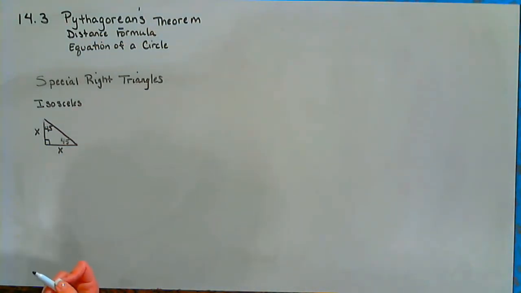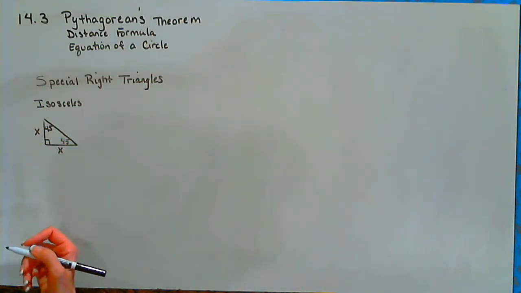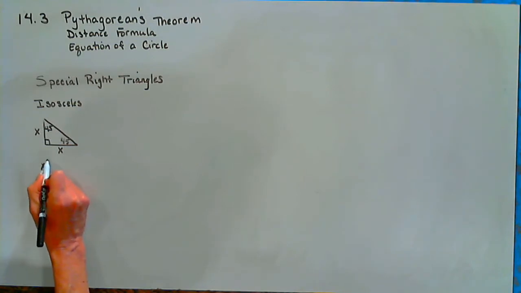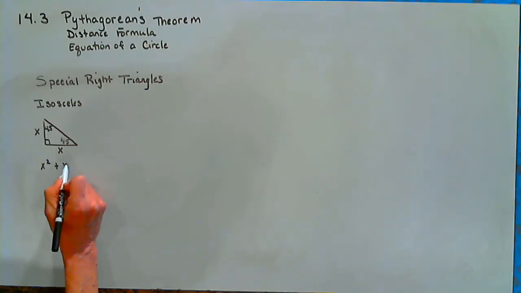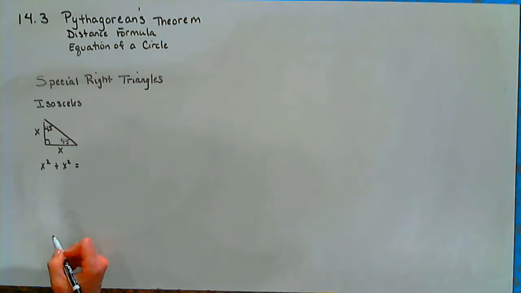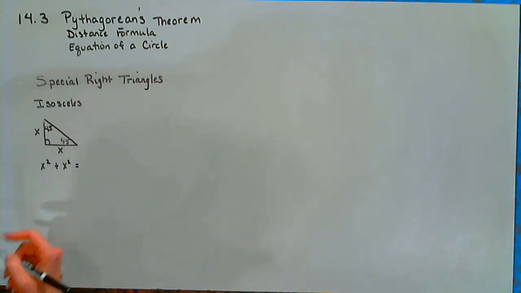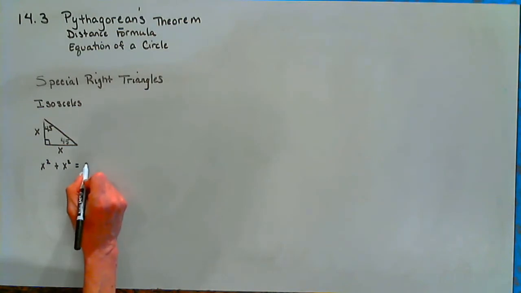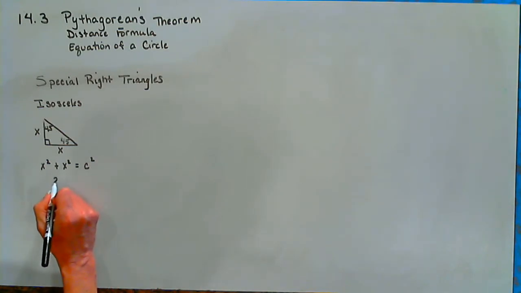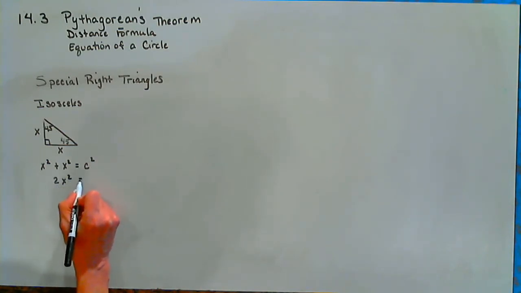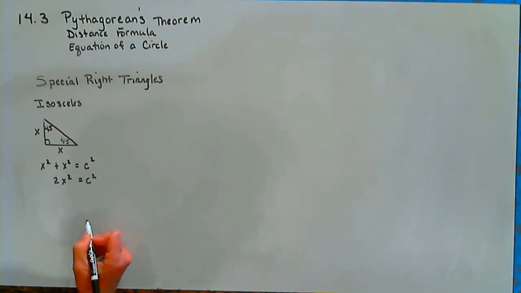They would be x and x, and by Pythagorean theorem, because it's a right triangle, I can find the third side by taking a squared plus b squared, which gives me c squared. If I add these together, that gives me 2x squared equals the third side squared.